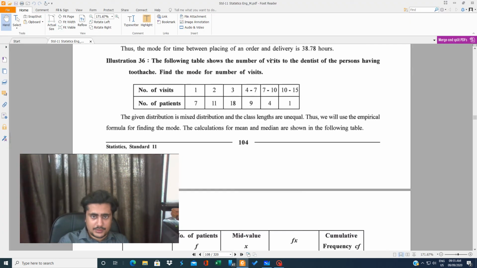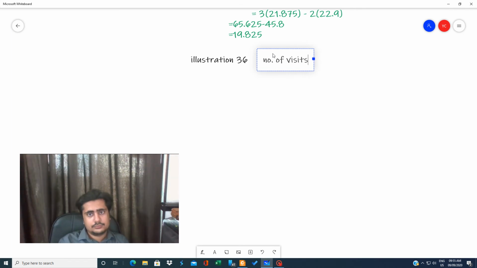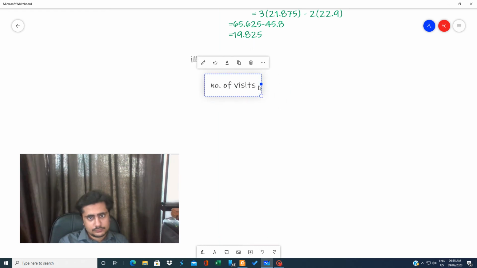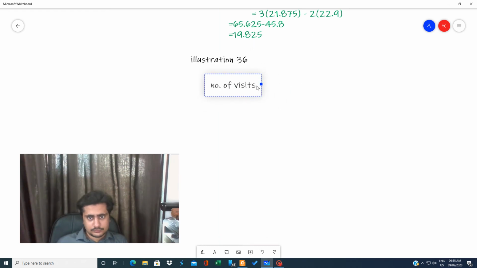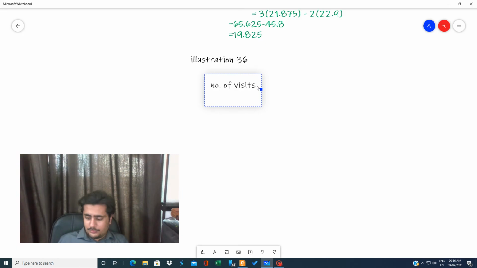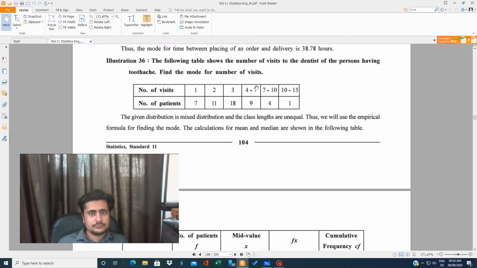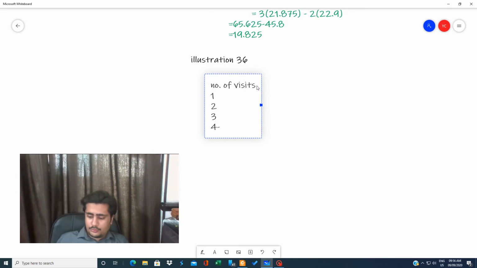Number of visits: 1, 2, 3, 4 to 7, 7 to 10, 10 to 15.